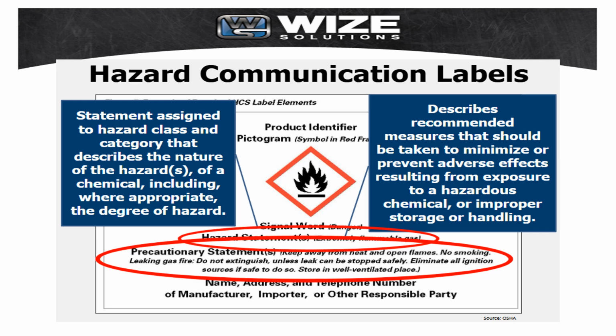There are 4 types of statements: prevention, response, storage, and disposal. These have been assigned to the hazard classes and categories.